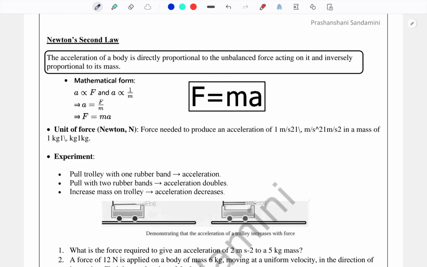Before moving to this, I highly recommend you, if you don't know these terms like acceleration, deceleration, uniform velocity, please watch my previous video or learn from anywhere else. You have to complete that before you are watching unit 4, right? Because if you don't know what these terms are, then you will be in trouble. Anyway, the acceleration is increasing velocity.